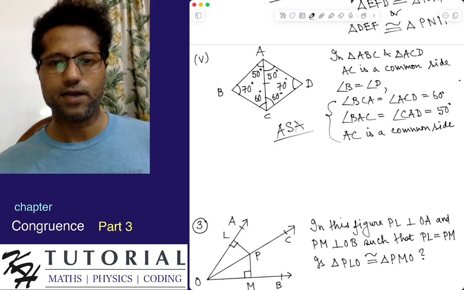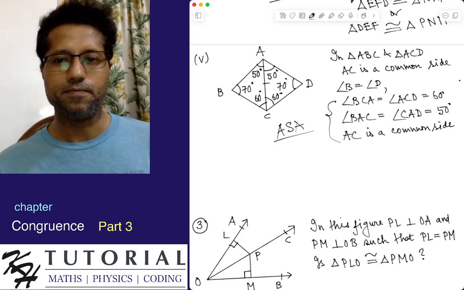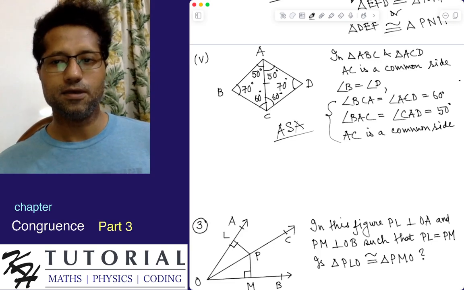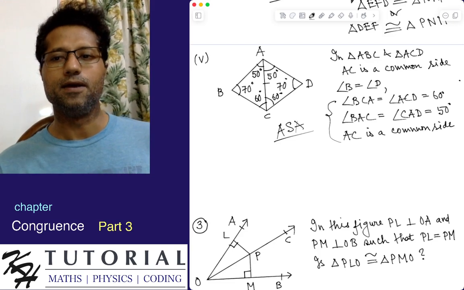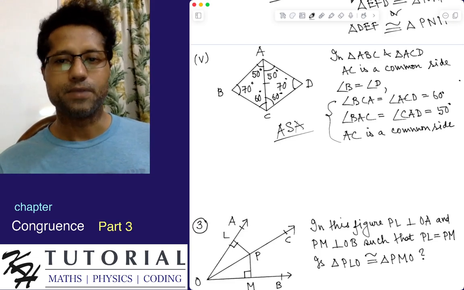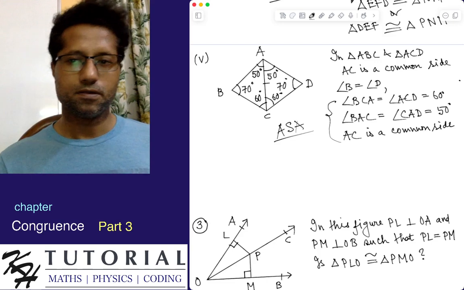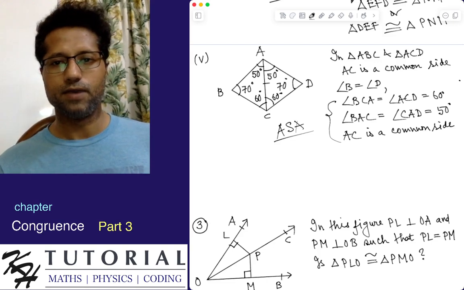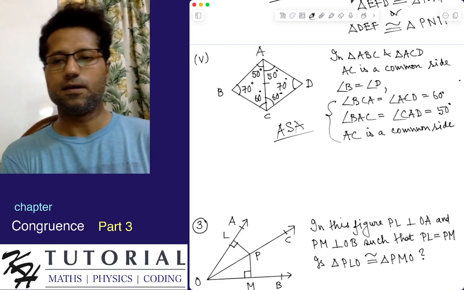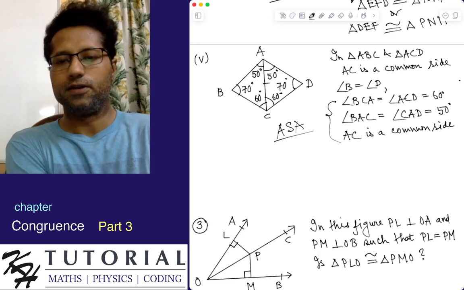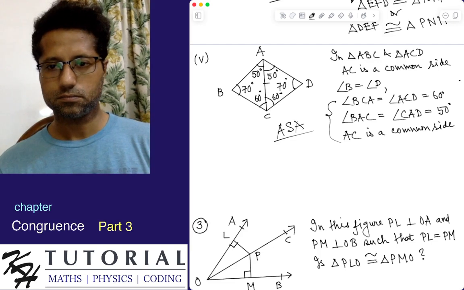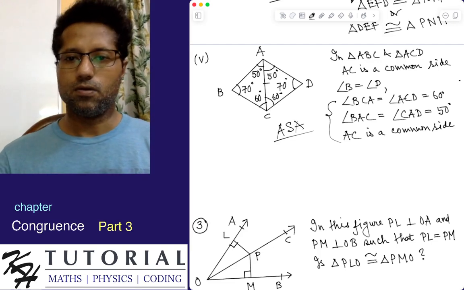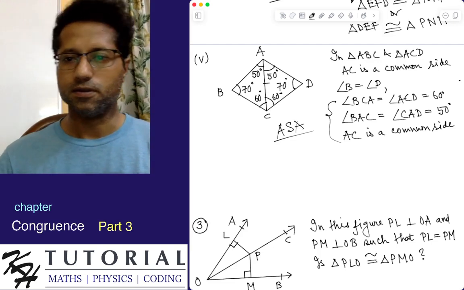In triangle ABC, the side included between angles BCA and BAC is AC, and also in triangle ACD, the side included between angles ACD and CAD is also AC. So we can apply the ASA criterion, that is, the side between two angles. Okay, now what about the correspondence?